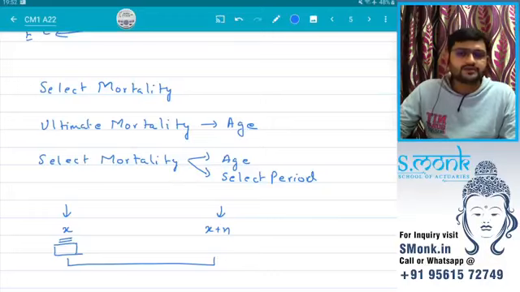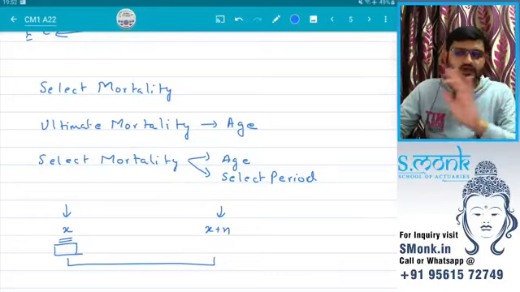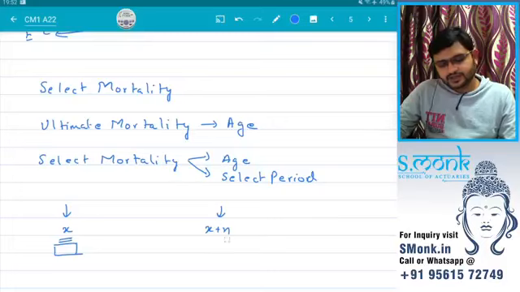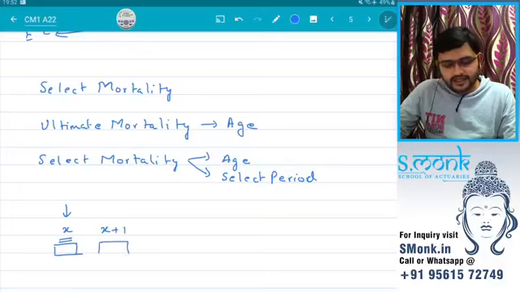It might happen. As we are not allowed to screen again, what happens is the chances that the person will be healthy at X plus 1 will be slightly less. And then the chances that the person would be healthy at X plus 2 might be a little bit less.